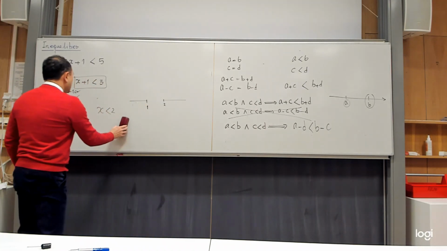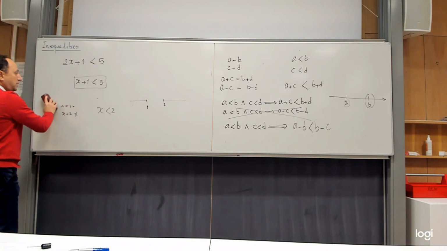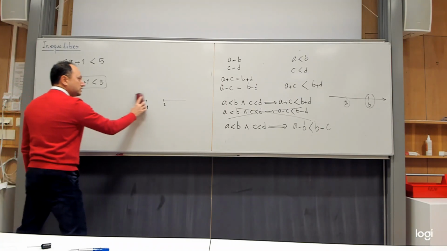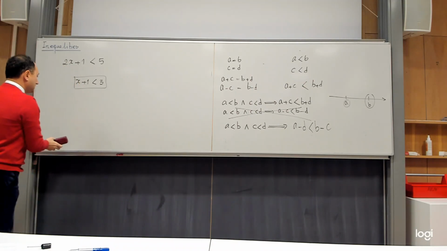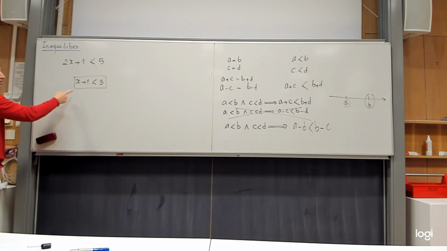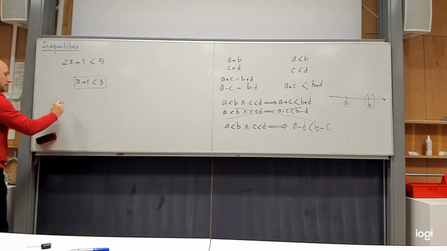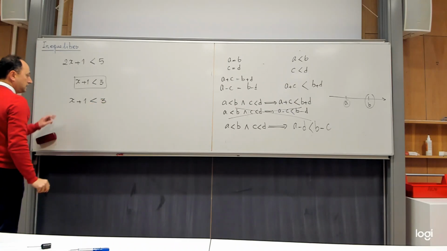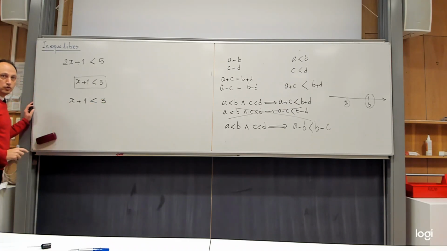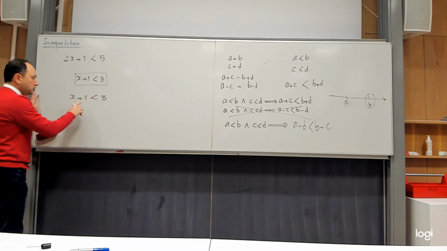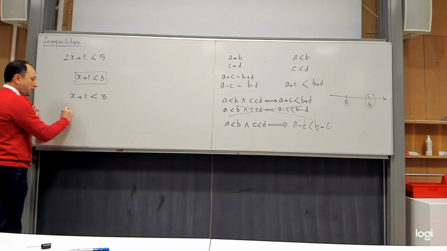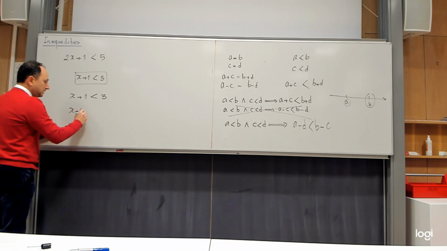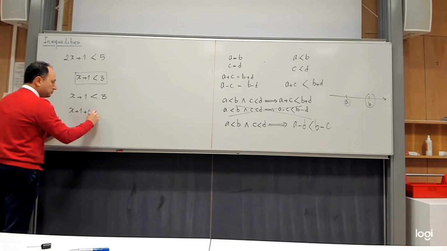Okay, so how we solve the problem, the good news is that you really don't need to learn something new. Everything you have learned for equations will also work here, but I want you to understand why. If I have x plus 1 less than 3, I want to make x alone. So I need to get rid of this 1, so I have to add -1 to both sides.